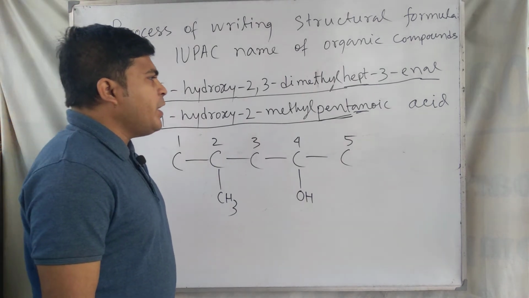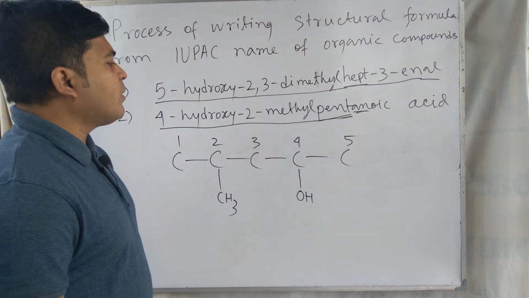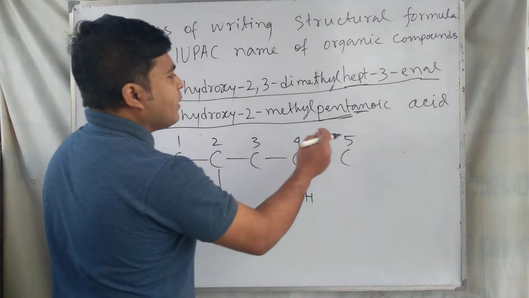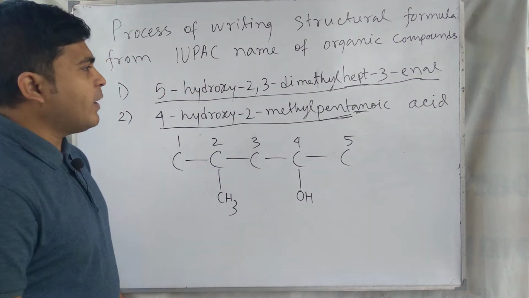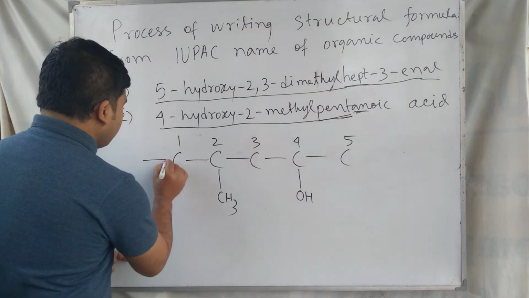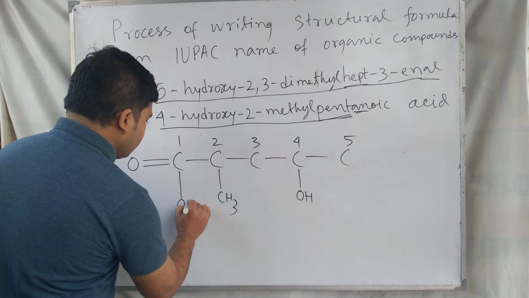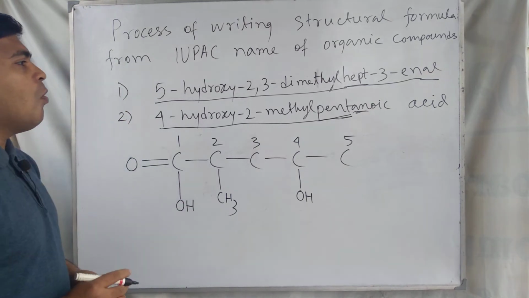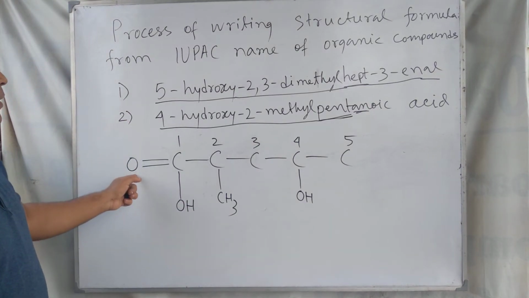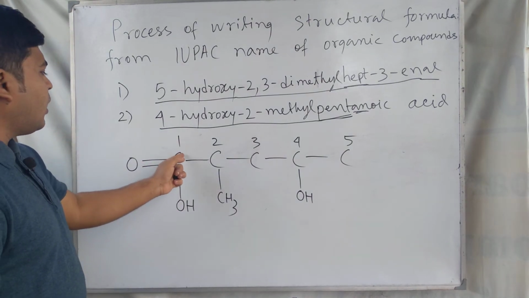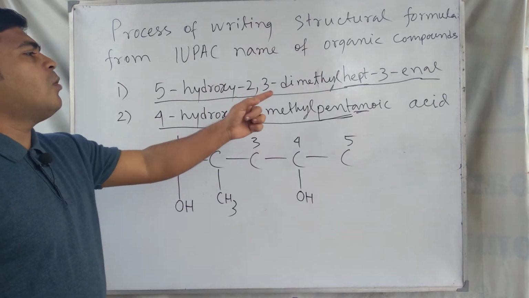Next, oic acid. Oic acid means carboxylic acid, and 1-oic acid, pentanoic acid or pentan-1-oic acid. So in the one position we have to write the functional group oic acid. Oic acid in the first position, pentanoic acid, first carbon atom, because of pentan-1-oic acid.